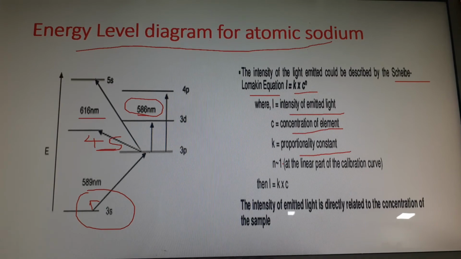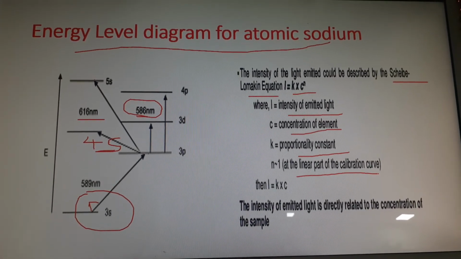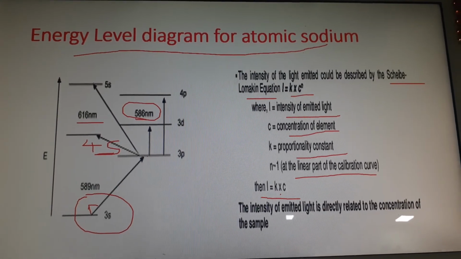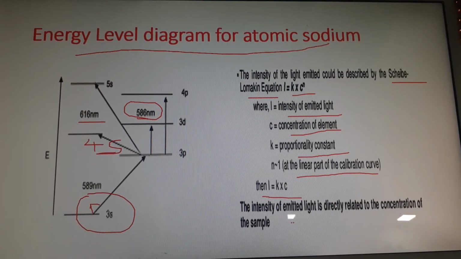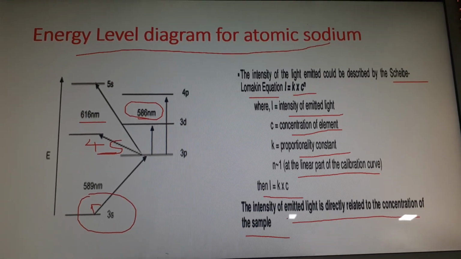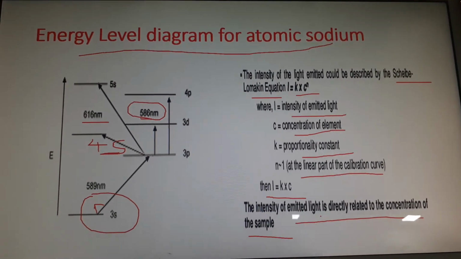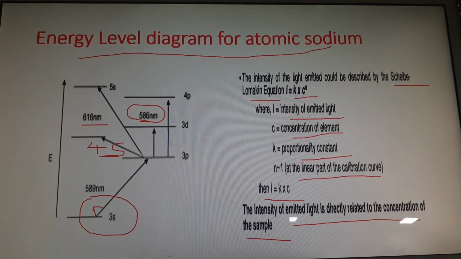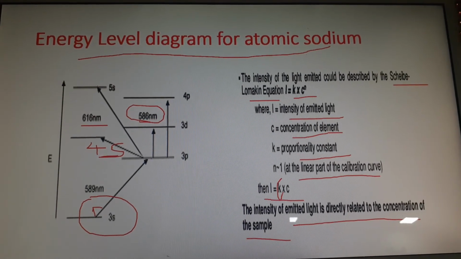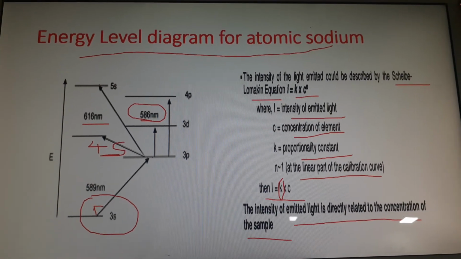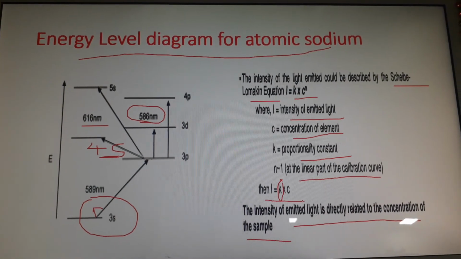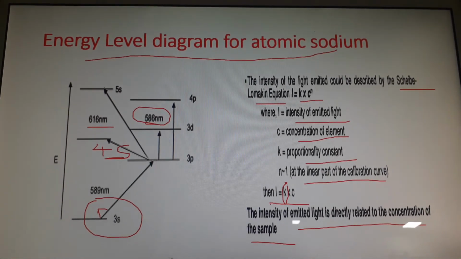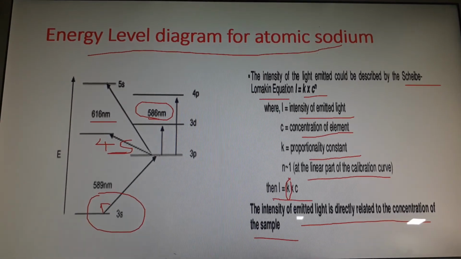When n is nearly equal to 1 at the linear part of the calibration curve, we get the formula I is equal to K into C. So we can conclude from this equation that the intensity of the emitted light is directly related to the concentration of the sample, as K is a constant. K is called the proportionality constant. So what is our equation? I is proportional to C. So the intensity of the emitted light is directly related to the concentration of the sample.